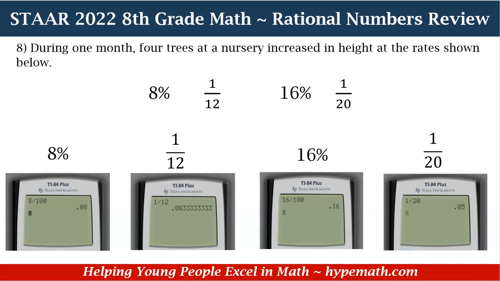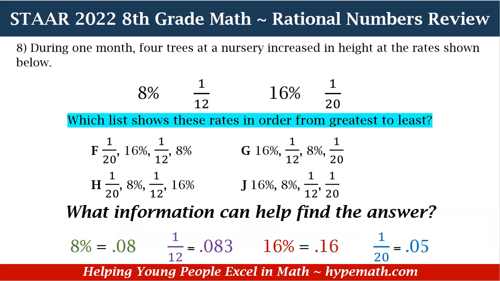And for 16%, again, we're dropping that percent sign and then dividing 16 over 100. That is 0.16. And last, we have 1 over 20, or 1 divided by 20. That is 0.05. Okay, so now that we have all of our numbers converted to the same form, how are we going to solve the problem?